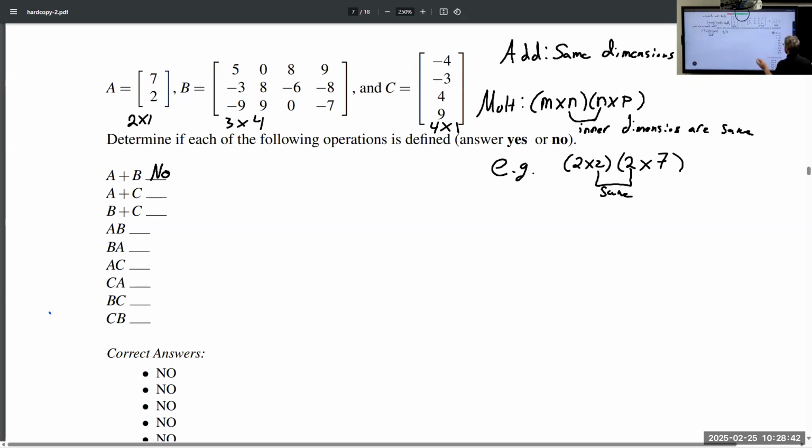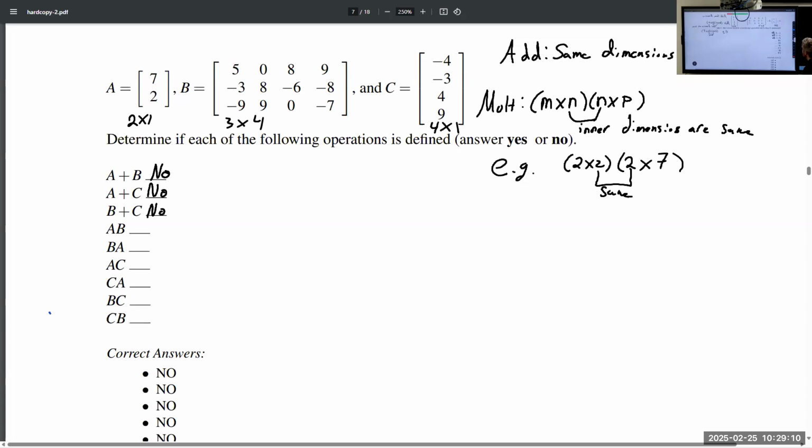So that's, no, we can't do that. It's not defined. In fact, none of those are the same. The 3 matrices they gave me are not the same dimensions. So I can't add any of them. There's no combination there that I could just add them. So that's not going to work.